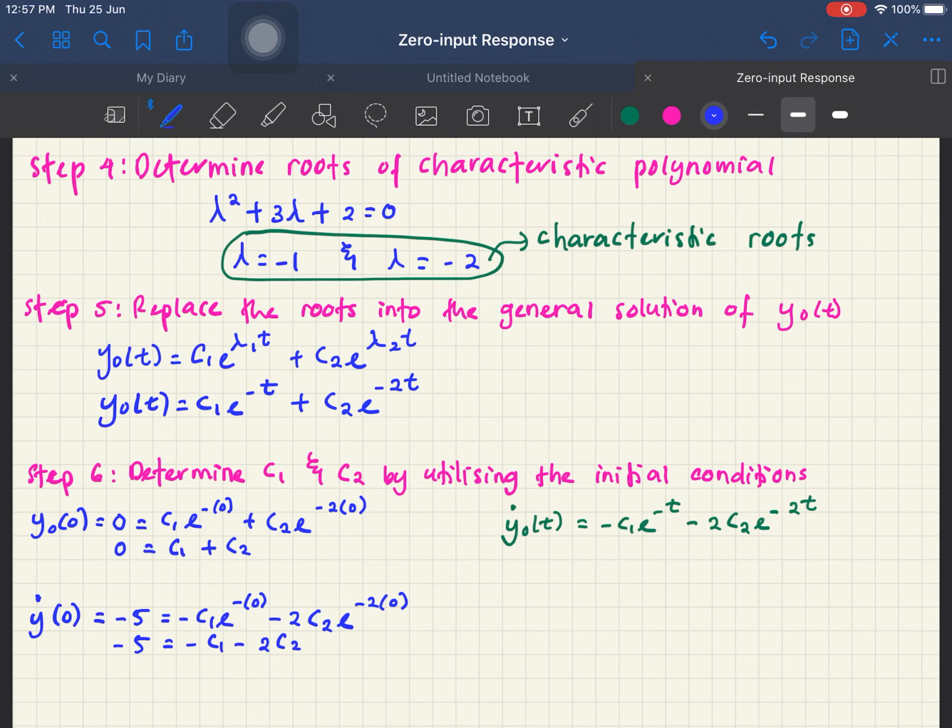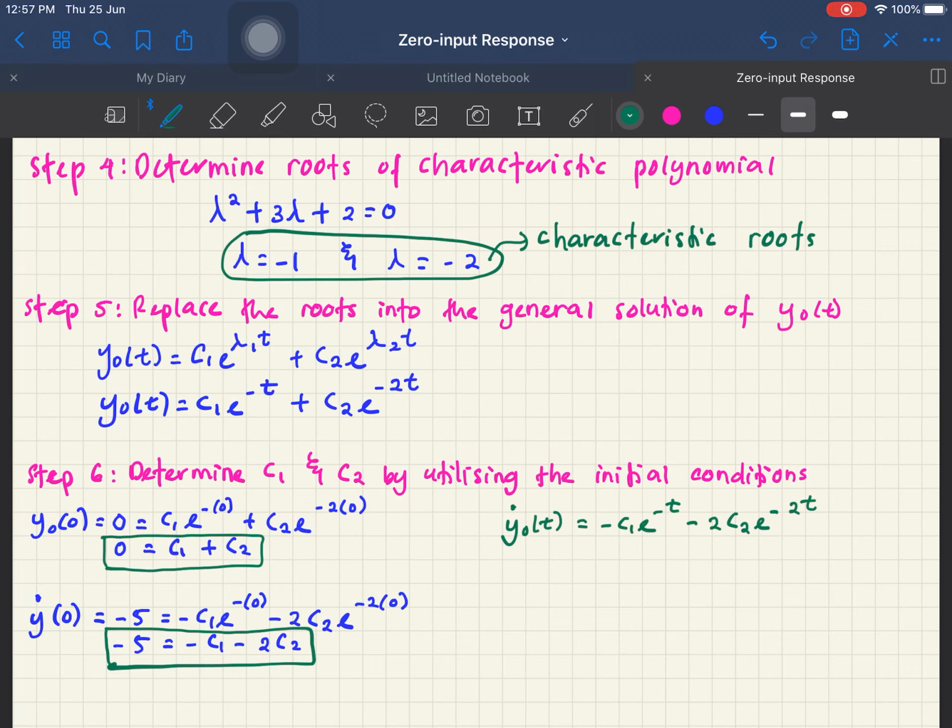Now you have these two equations and two unknowns, c1 and c2. I think you have learned in your mathematics course how to solve this.